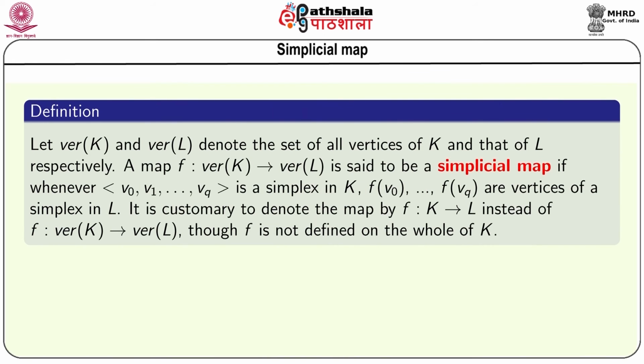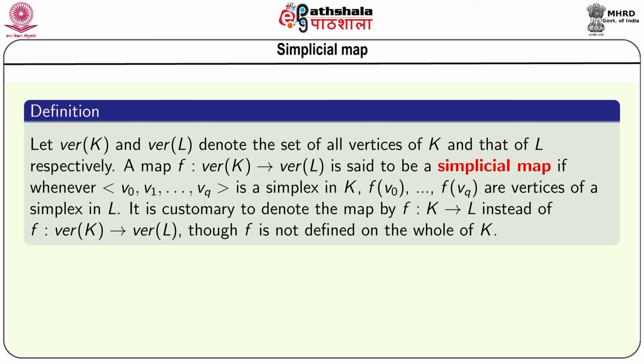Suppose F is a map from the set of all vertices of K to the set of all vertices of L, where K and L are two simplicial complexes. Then this map F is called a simplicial map if whenever V0, V1, ..., Vq is a simplex in K, the corresponding vertices Fv0, Fv1, ..., Fvq constitute a simplex in L.